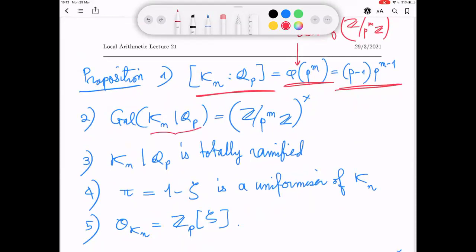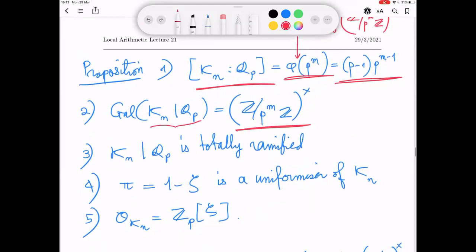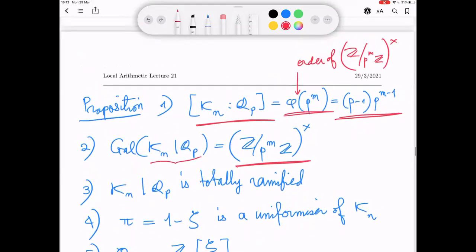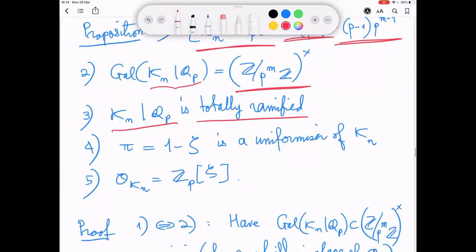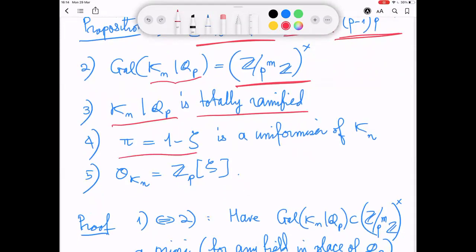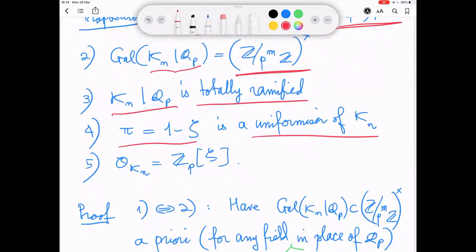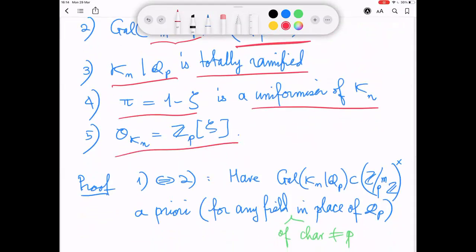And the Galois group of K_n over Q_p is equal, in some sense canonically equal, to (Z mod p^m Z) star. This extension is totally ramified. If I put pi equal to 1 minus zeta, then it's a uniformizer of K_n. And finally, the ring of integers is obtained from Z_p by just adjoining zeta, it is generated over Z_p as a Z_p-algebra by zeta.